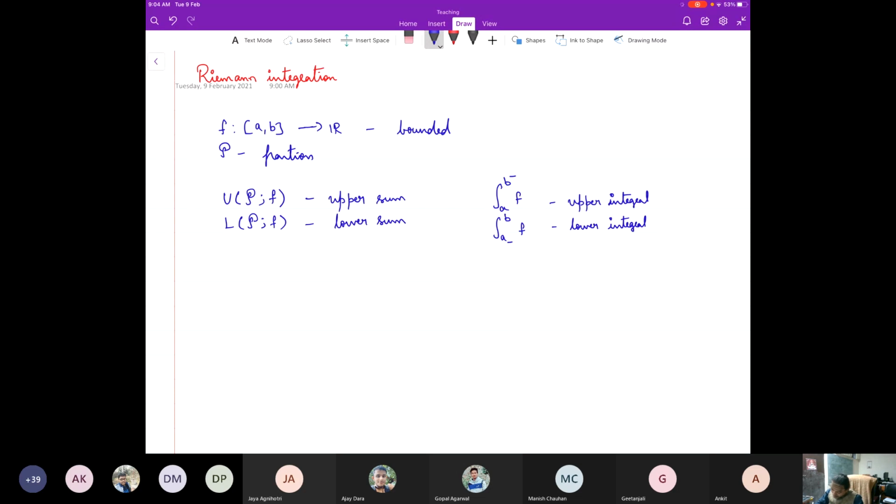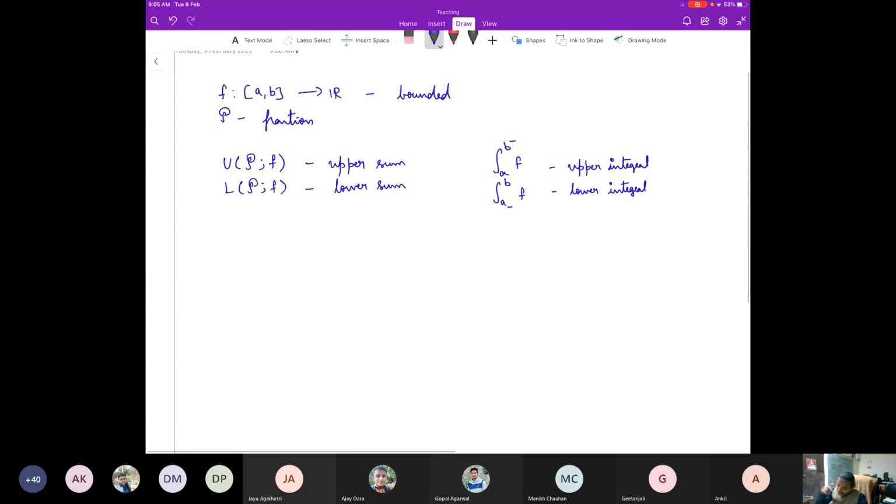And then we said that a function is Riemann integrable if and only if the upper integral and lower integral are one and the same. And then we had some examples. We saw some functions which are integrable and a function which is not integrable. Fine.